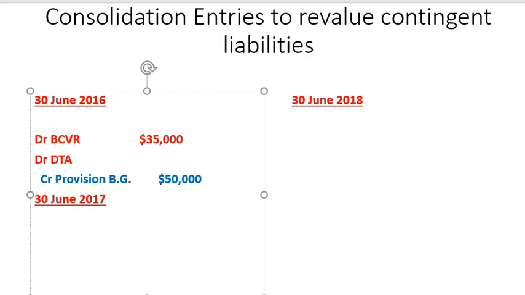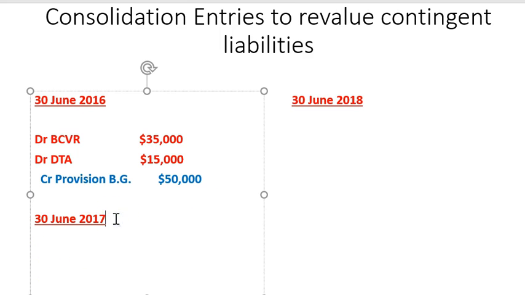So in this case, we're taking the tax base as the amount which is recorded on the subsidiary's balance sheet, which is 0, but the carrying value of the liability on the group balance sheet is $50,000. So the tax base is less than the carrying value, so it's a deferred tax asset. So then 30% of 50,000 is 15,000, which is our deferred tax asset. So that's how we revalue the provision for the bank guarantee.